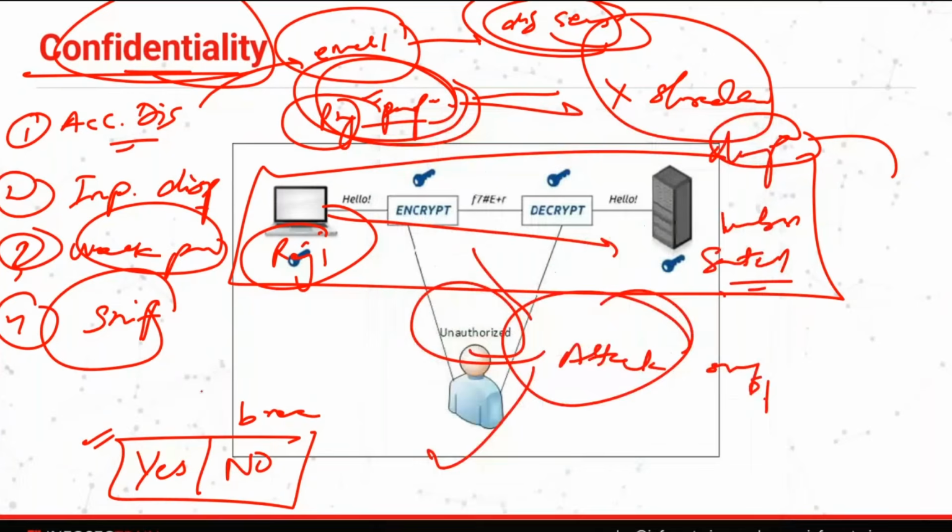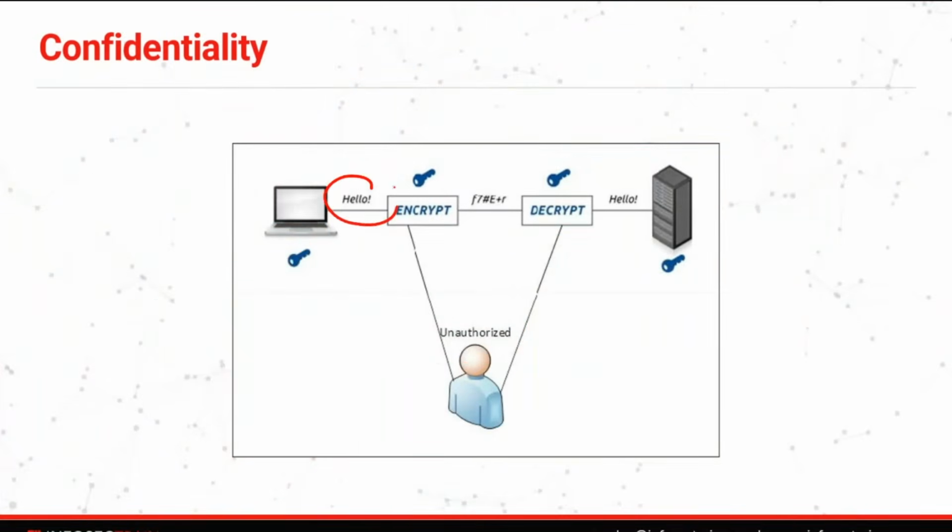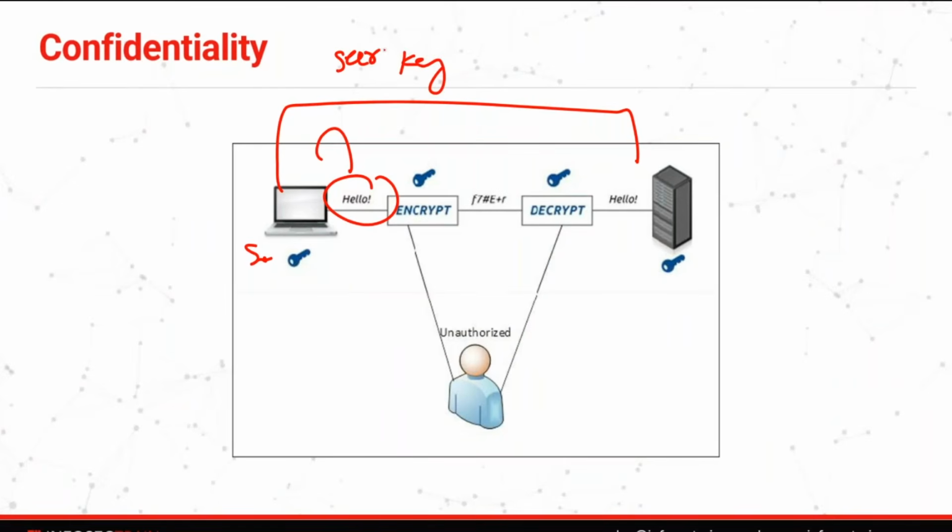In the encryption part, you are sending plain text, so the sender and the receiver, maybe through some backend secure channel, will come to an agreement that they are going to use this secret shared key.